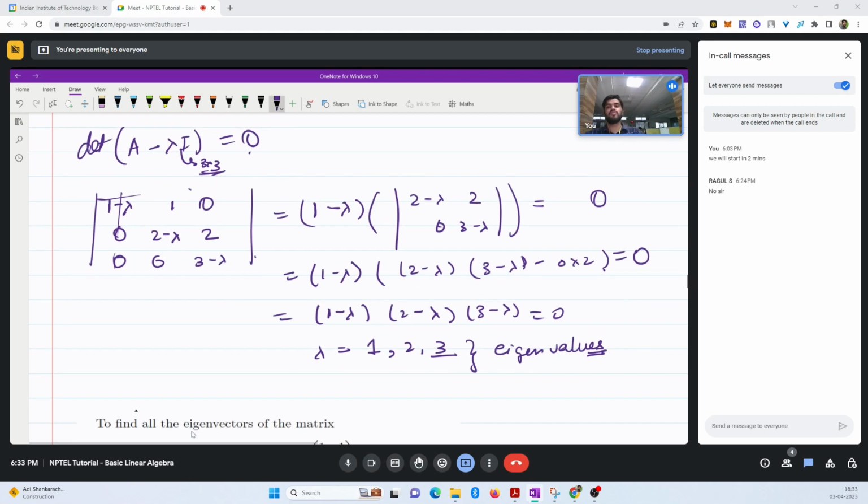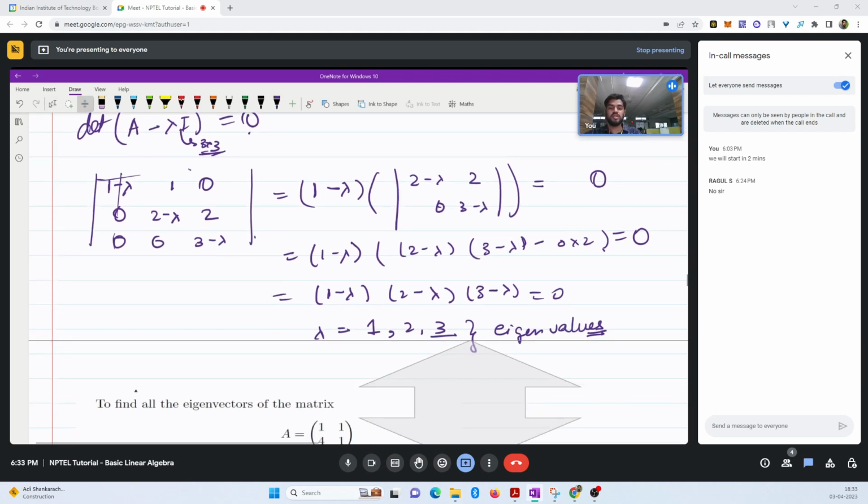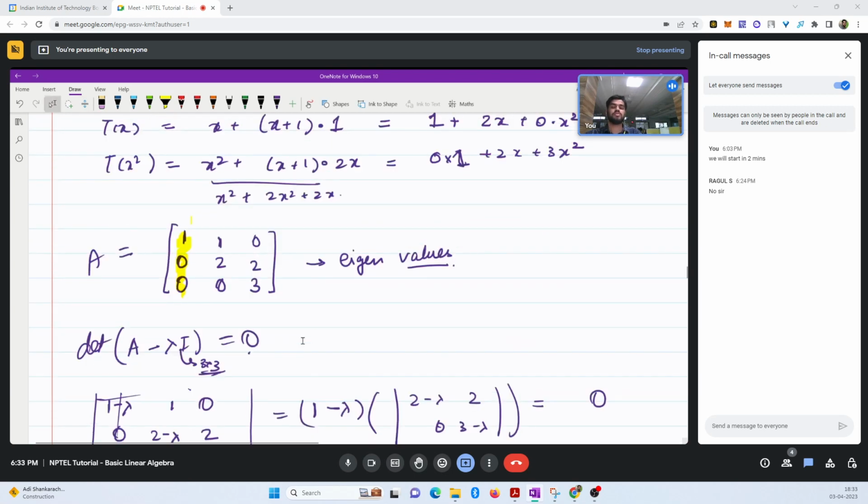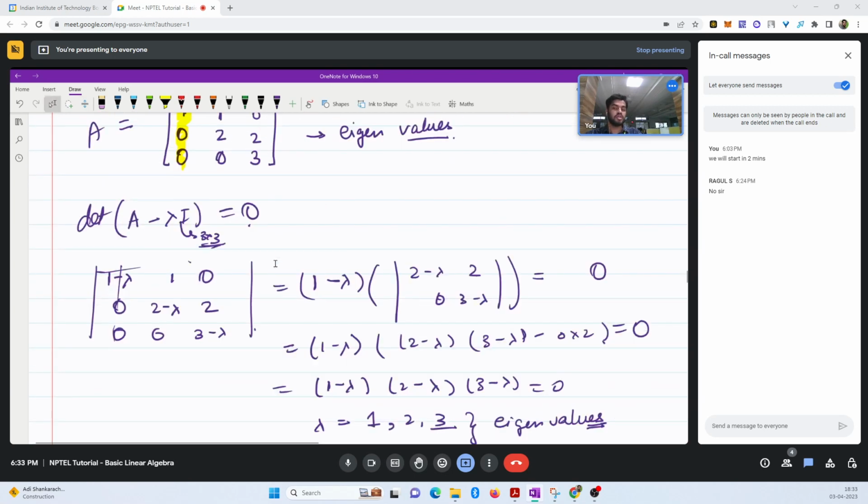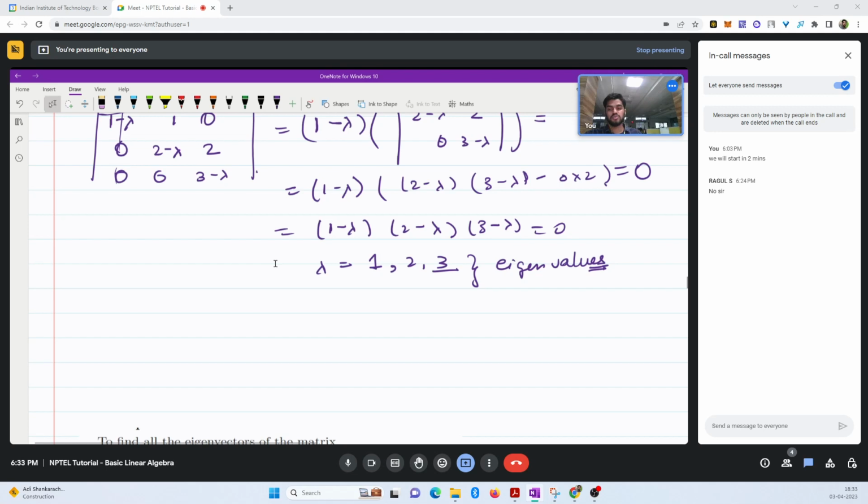Now one small tip for you: I already knew what the eigenvalues were as soon as I saw this matrix. You can also do that. How? If you have an upper triangular matrix, how does an upper triangular matrix look?